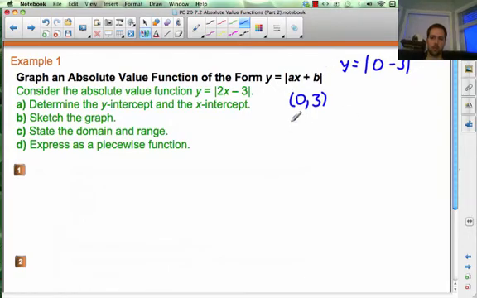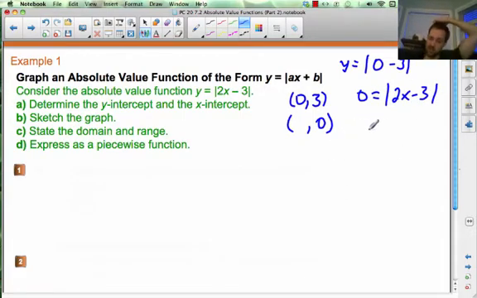Okay, and the x-intercept is when y equals 0, so we're going to have something and 0. So you set y equal to 0, equals the absolute value of 2x minus 3. Now this is where it gets a little interesting, because we have a couple possible scenarios.